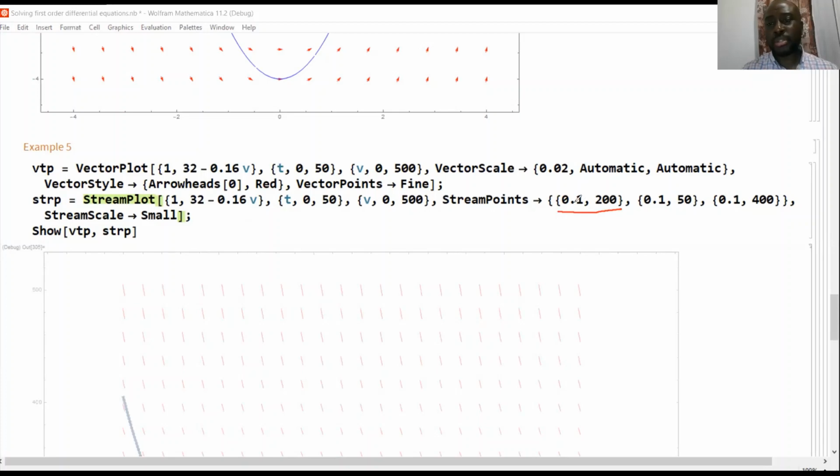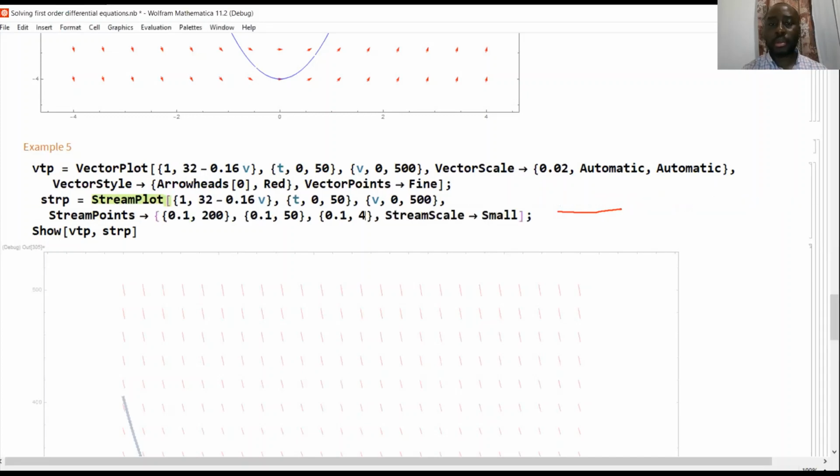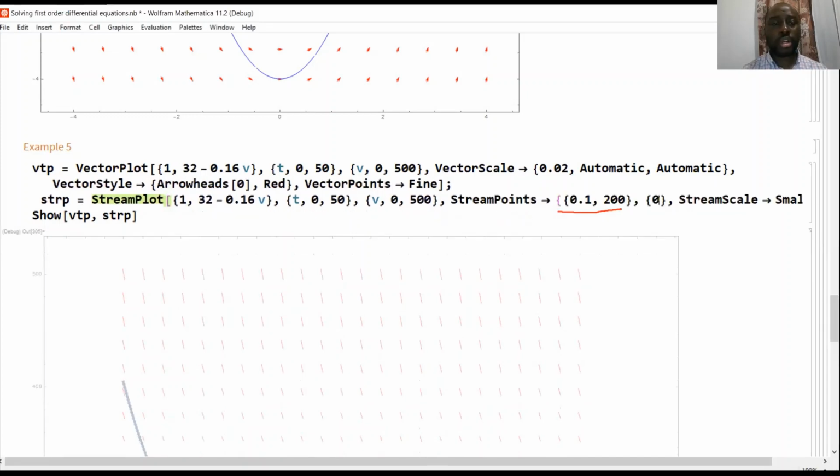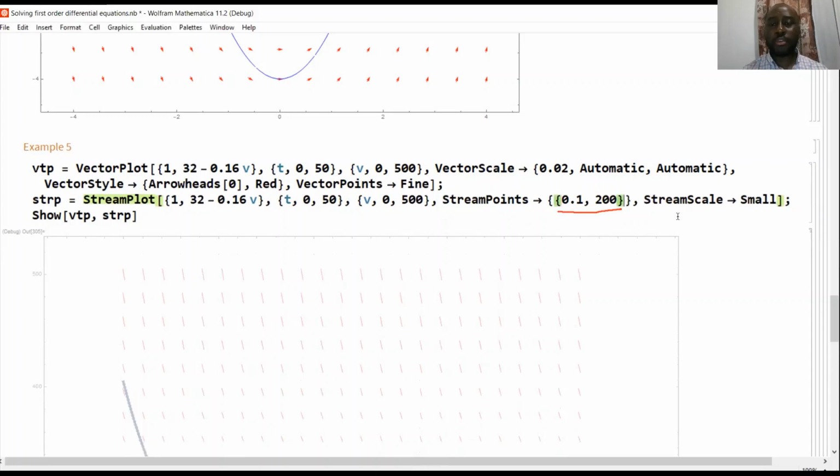So this 0.1 is somehow close to 0. By using this point, I'm trying to examine what the solution curve will look like if I throw my ball from the helicopter at 200 feet at a speed of 200 feet per second.